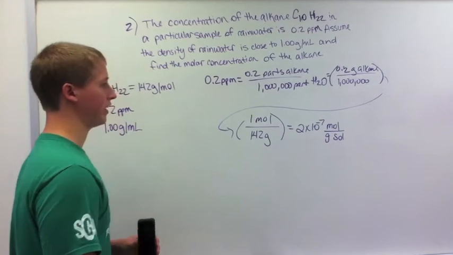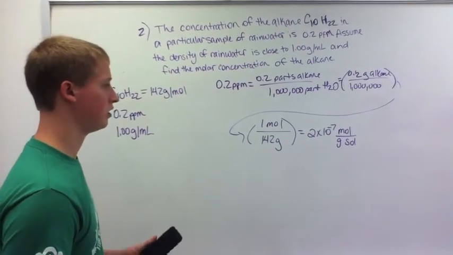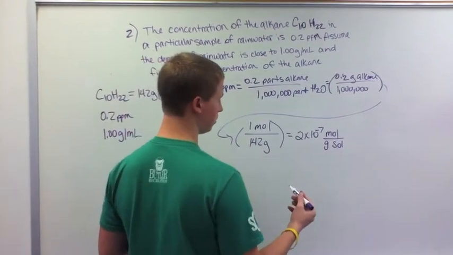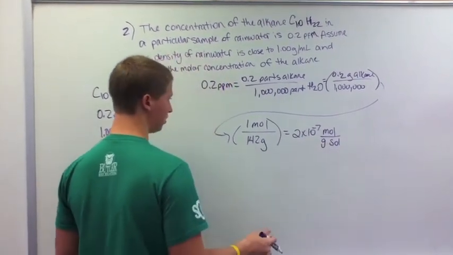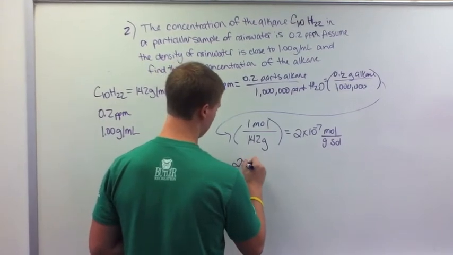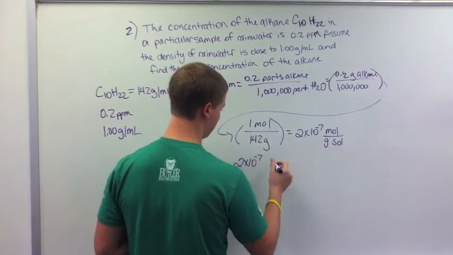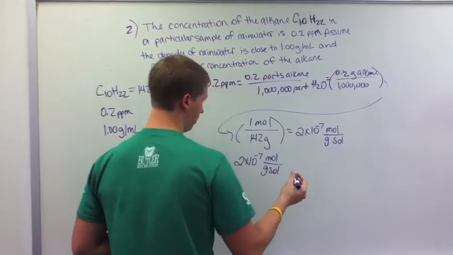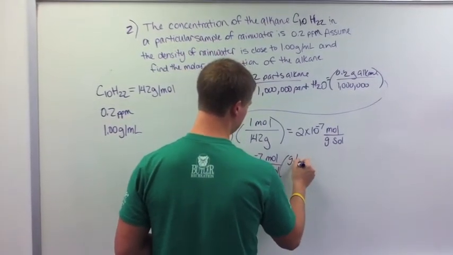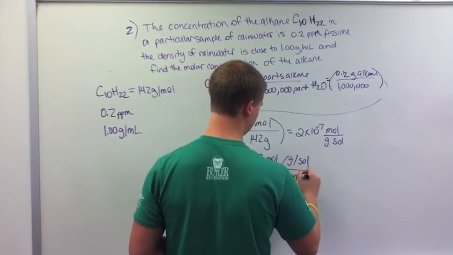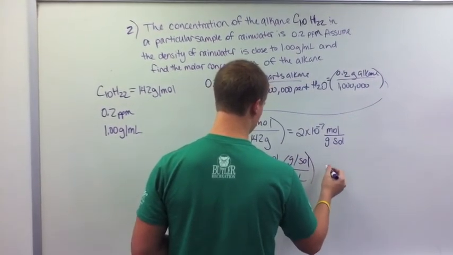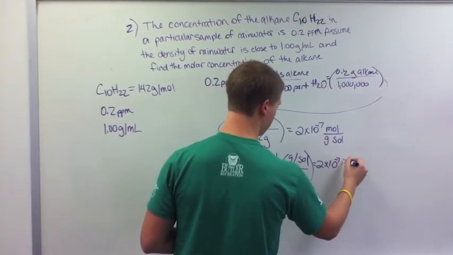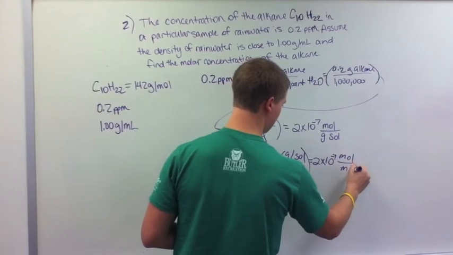Once again, you have to recognize that you can't get a molar concentration from moles per gram of solution. This is strictly units, so you take 2 times 10 to the negative 7th moles per gram of solution and change it from grams of solution to milliliters. So it's going to come out to be 2 times 10 to the negative 7th moles per milliliter.